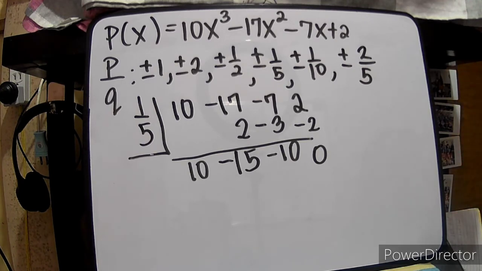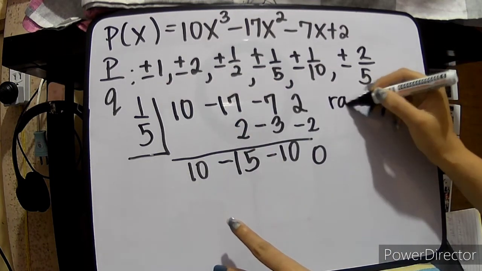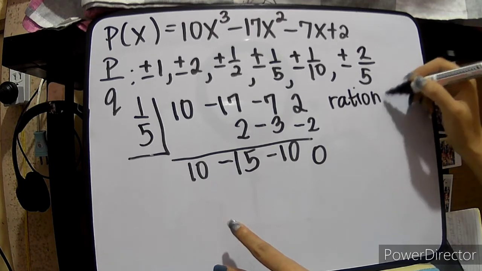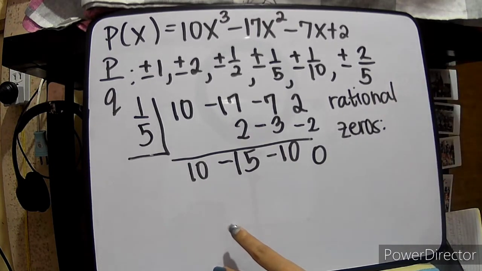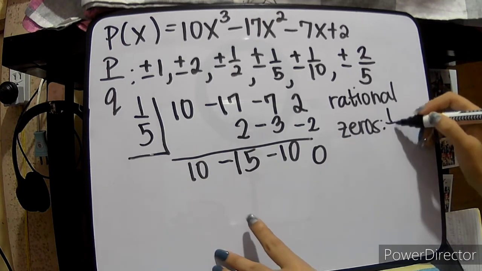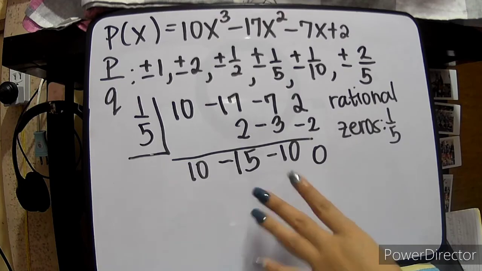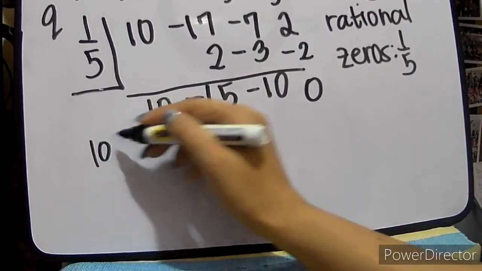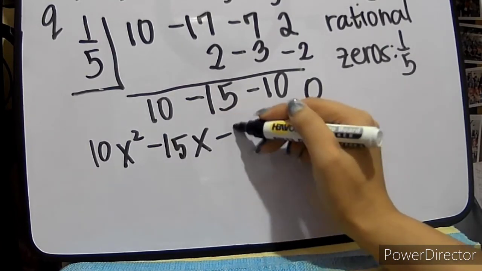Okay? And then, so, rational zeros. Rational zeros, which is 1/5. And then, dahil ito ay second degree na, 10x squared minus 15x minus 10.